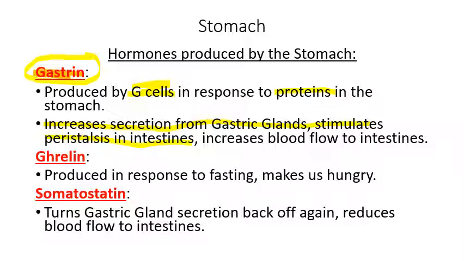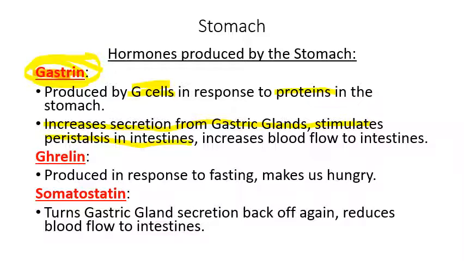So it tells the intestines, okay, you've got old food in there from breakfast, move it out because we're going to get ready and put some new food in that has more nutrients in it. You're done with the food from breakfast, just move it out of there. And it also increases the blood flow to the intestines because they're going to have to do some work. So those are functions of gastrin, the gastrin hormone.